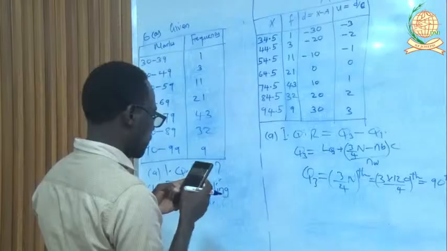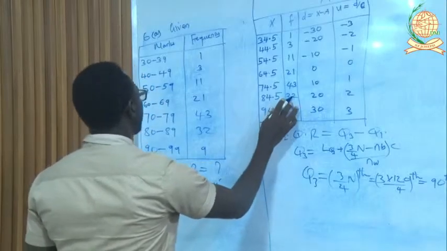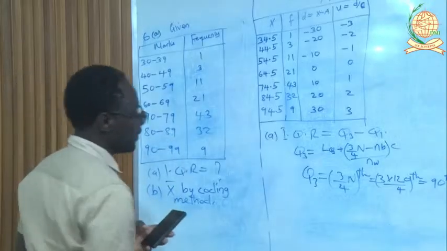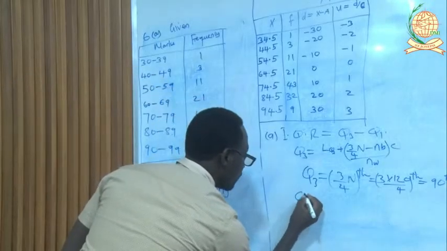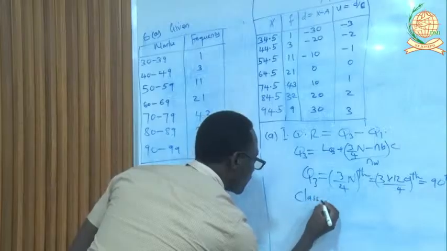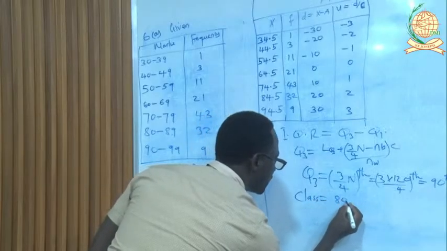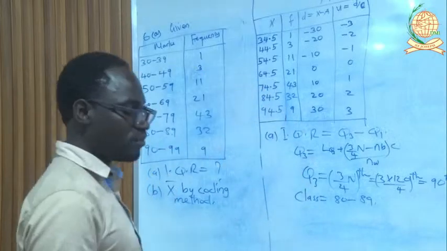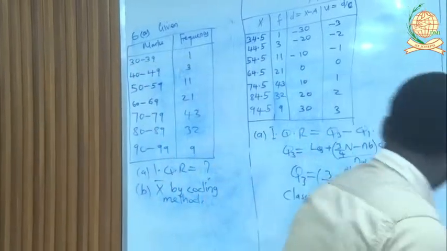It is here, which is 80 to 89. So the class interval for Q3 is equal to 80 up to 89.